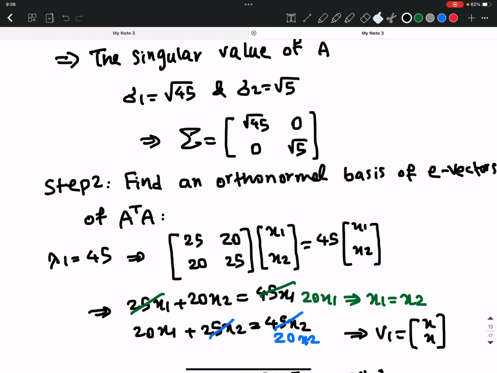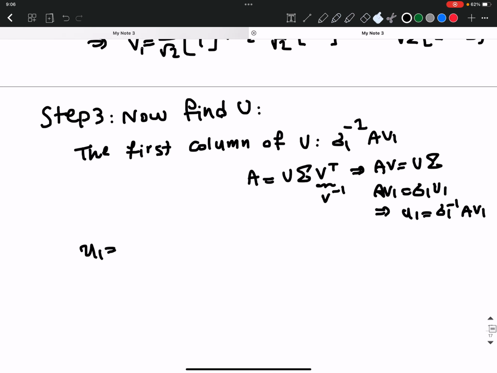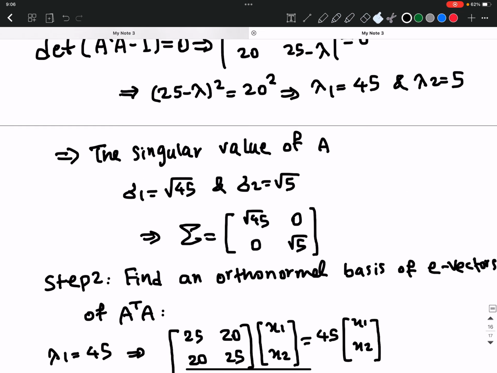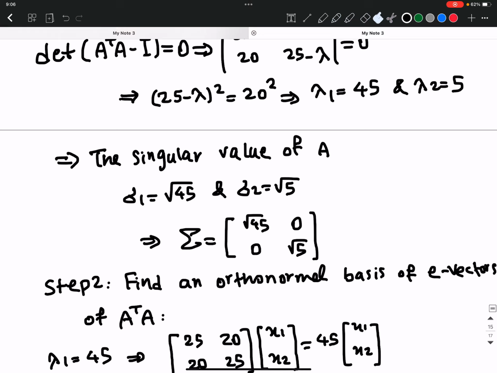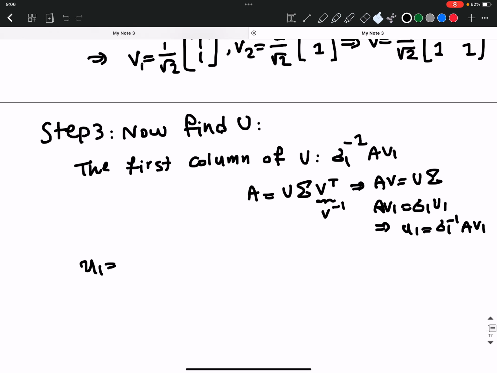So sigma 1 to the minus 1, I need to also do that. So what is sigma 1? We have it here. It's 1 over square root of 45. So let me write that. So 1 over square root of 45. That would be my sigma 1.